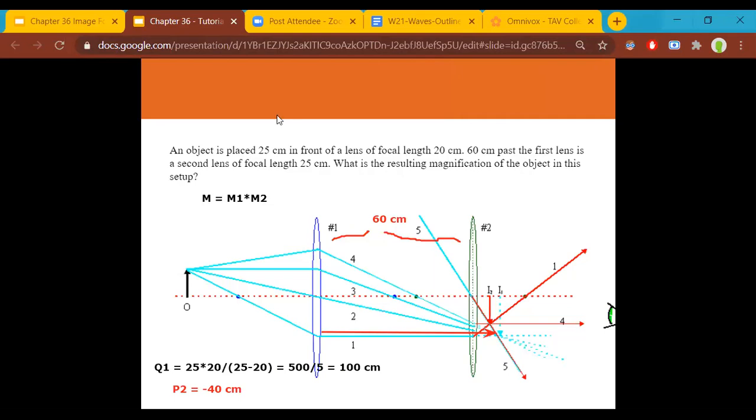So we figured out that Q1, the image formed across the first lens, is 100 centimeters. It's 1 meter to the right of the first lens. So I had to draw Q1.